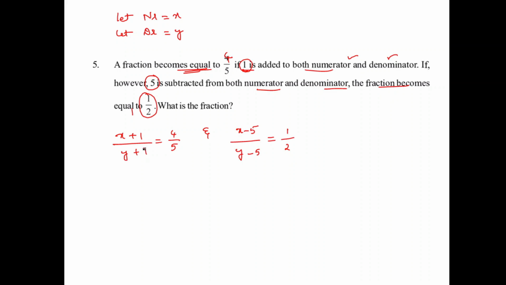So let us do the cross multiplication and find the values of x and y. Cross multiplying, I'll get this one, and I'll get this one also.